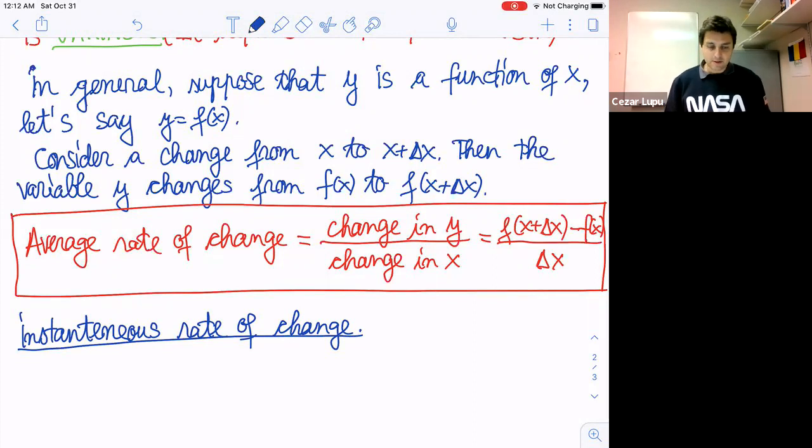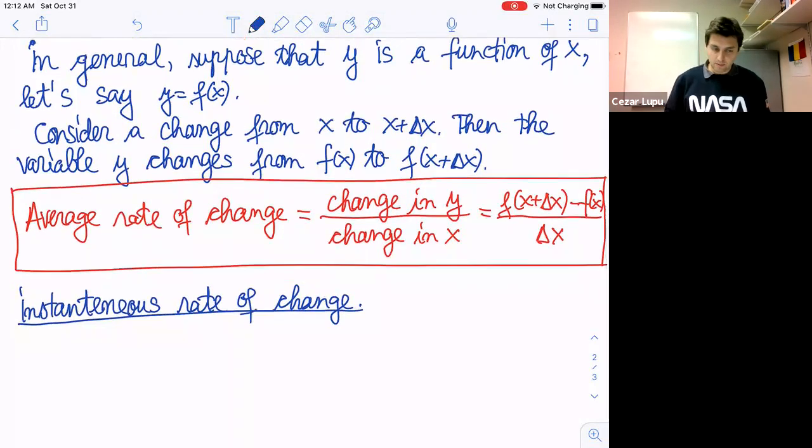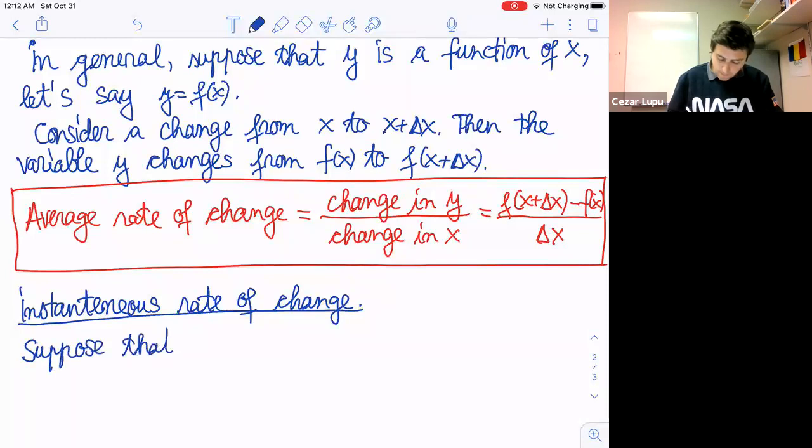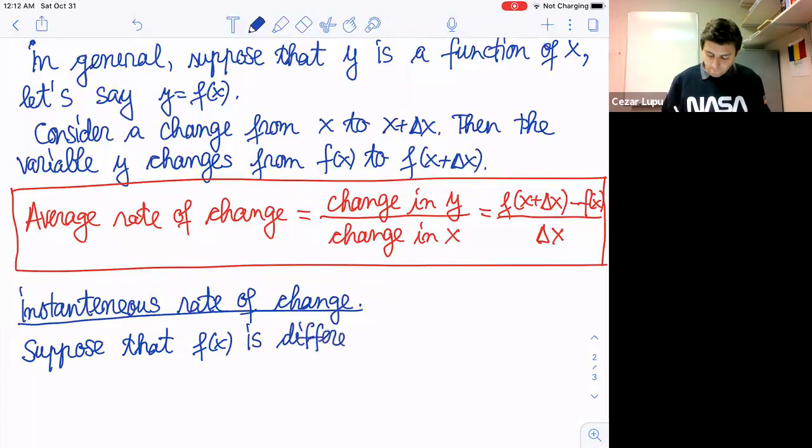Well, let's see. Suppose that f of x, a function of variable x, is differentiable at the point x equals x naught.